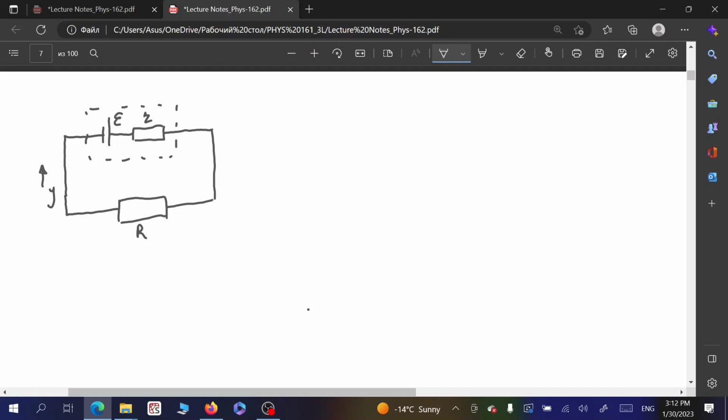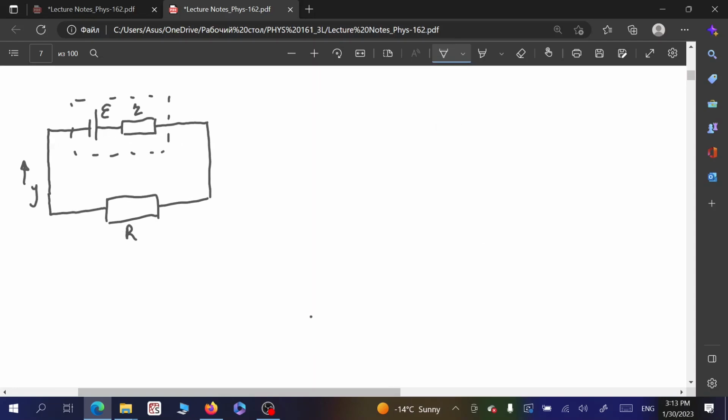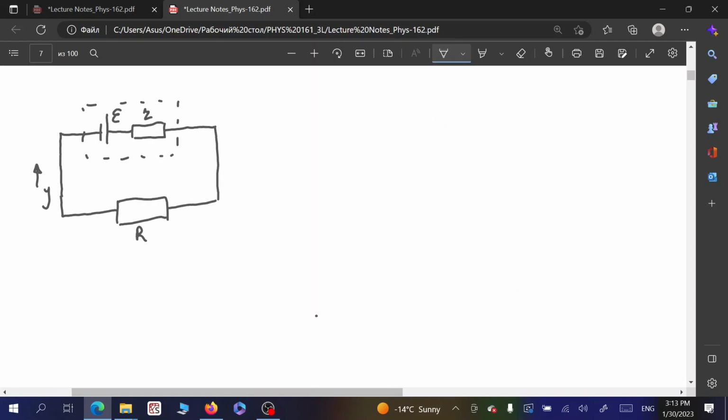So taking this into account, we can consider in more detail how the potential is changing for charge carriers flowing through this DC electric circuit. So two axes. This will be, let's say, our potential.